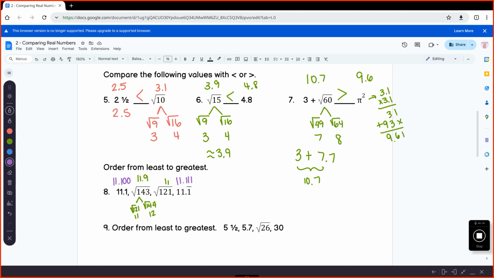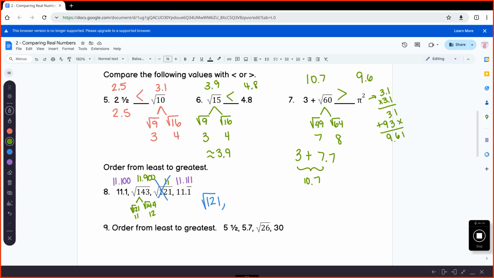All right, and now we can put these in order from least to greatest. So the least would be 11, the square root of 121. So least is the square root of 121. All right, next, we are comparing 11.100, 11.9, if it helps you, right? This has zeros behind it, and 11.111.